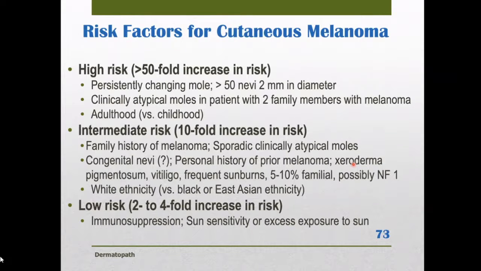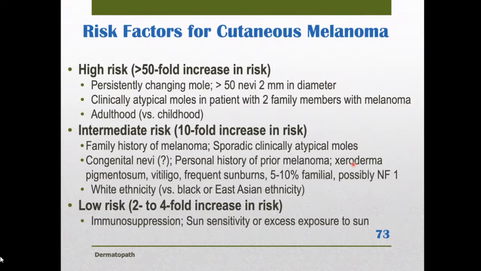Those with vitiligo, of course, have lost melanocytes with their melanin, therefore the affected area may be easily affected by melanoma. People who go to the sun have frequent sunburns.